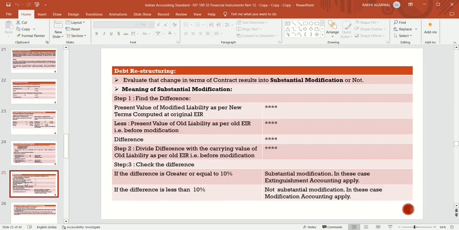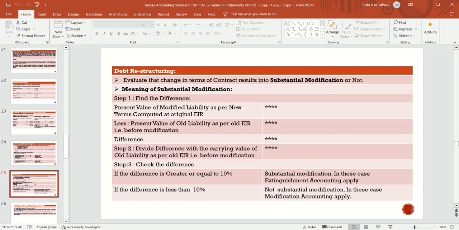What do you mean by debt restructuring? Evaluate whether the change in terms of the contract results in a substantial modification. Restructuring means modification in the contract. If the modification in the contract is substantial, then what will we do? And if it is not substantial, how is it to be accounted for?